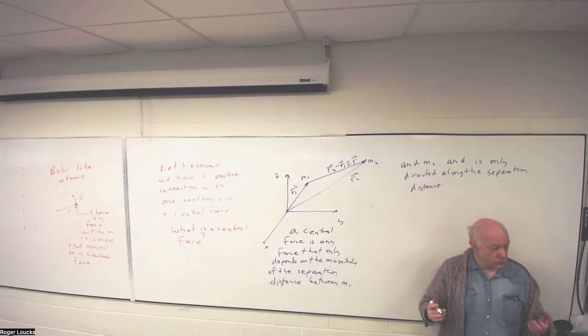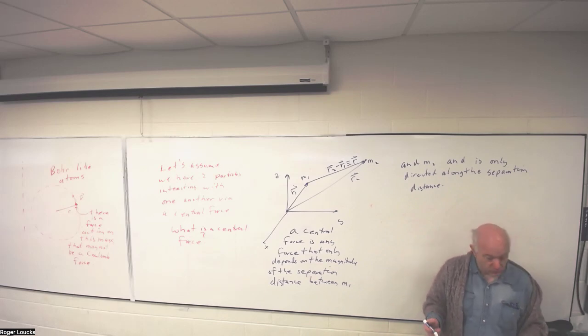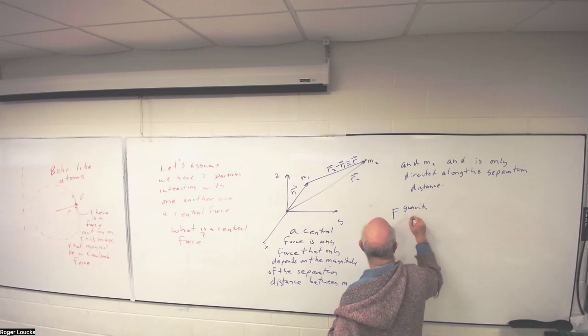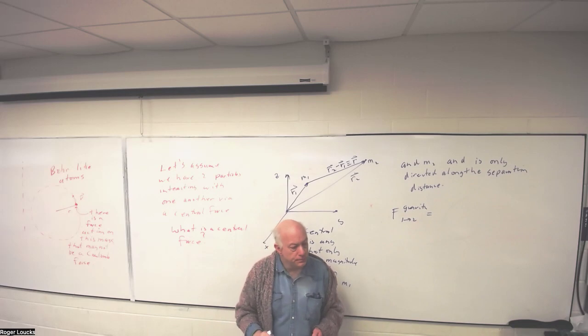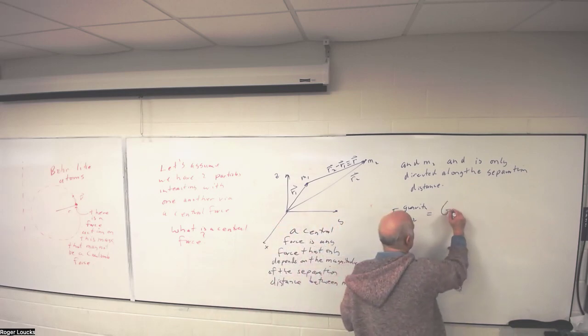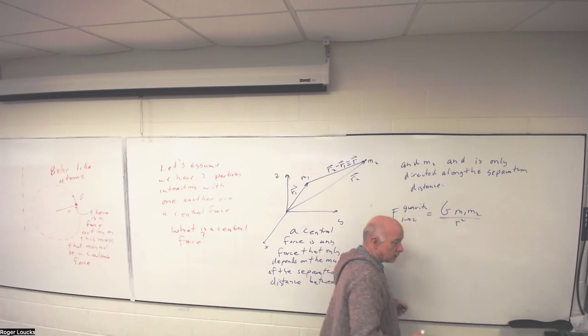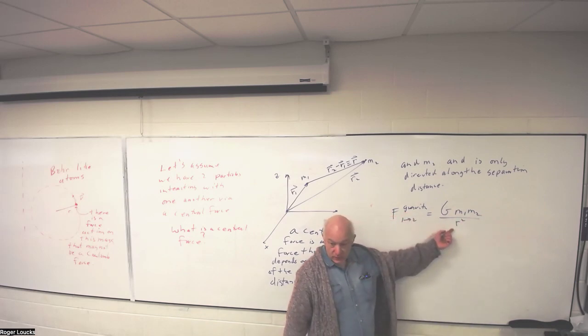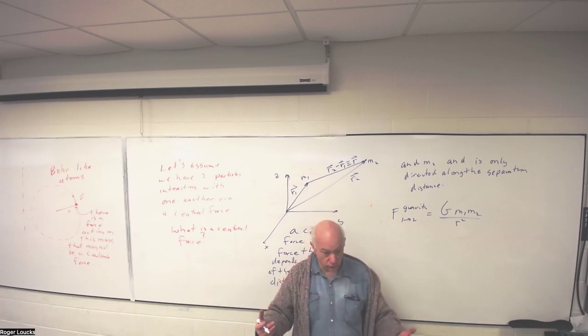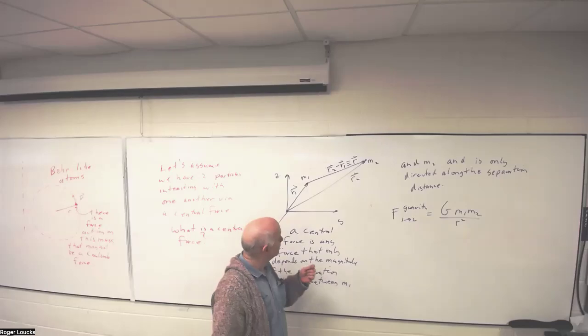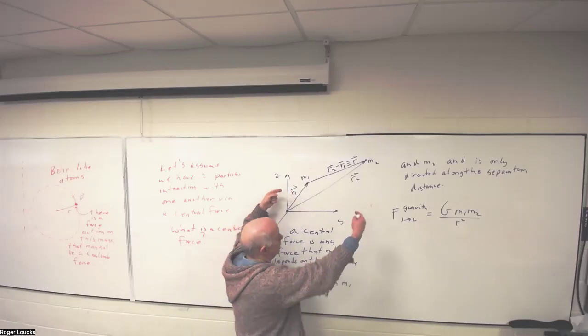Okay, Gina said it's gravity. Gravity would be, because if I have the gravitational force between 1 and 2, what does it depend upon? Big G, the product of the masses over R squared. So because of this, gravity would be an example of a central force. And how is it directed?